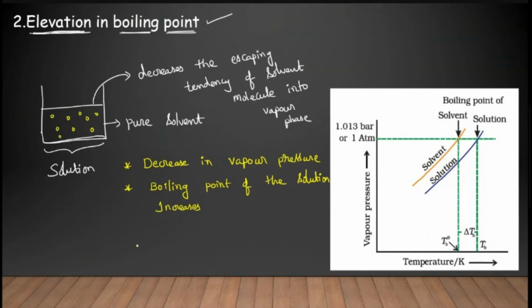So the addition of solute into a pure solvent decreases the vapor pressure of the liquid, hence it will increase the boiling point of the solution. So this is nothing but the elevation in boiling point.